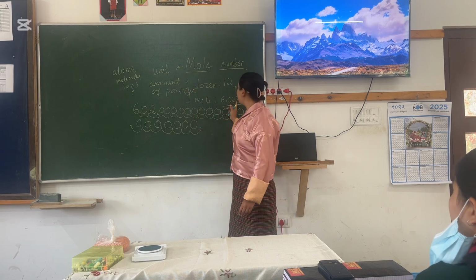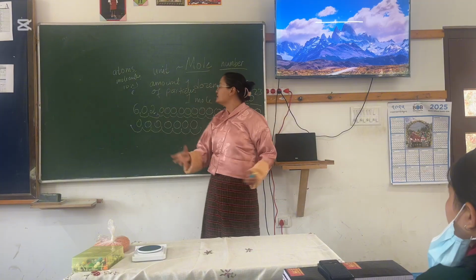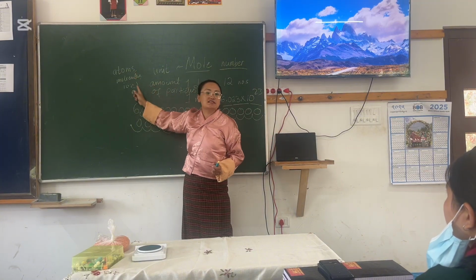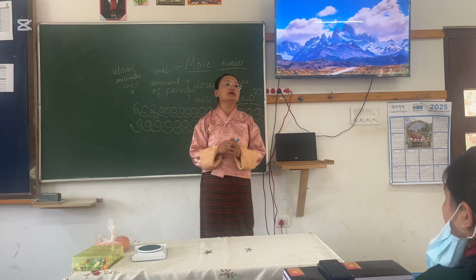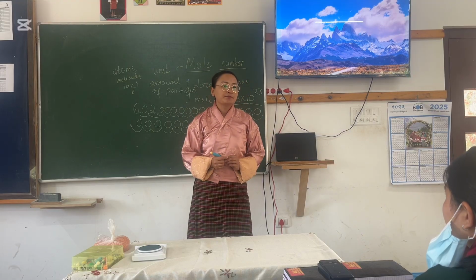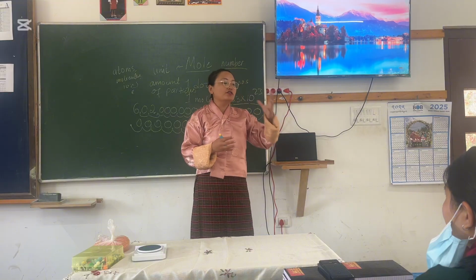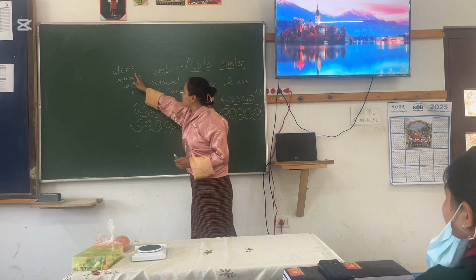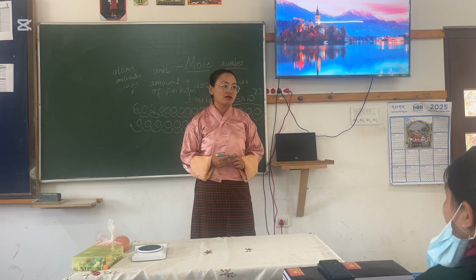Now this mole, like I said, represents a very big number. We need a big number to count these atoms, molecules, ions and electrons. Why do we need this big number? Why can't we use kg or dozen to weigh and count these atoms, molecules, ions or electrons?